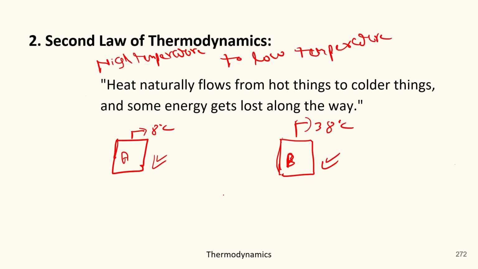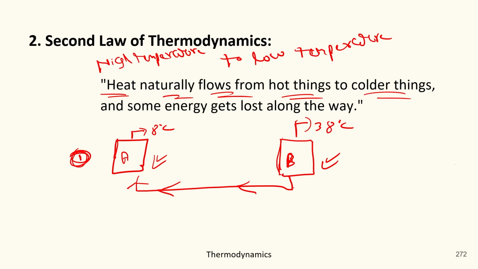Okay. So similarly, the flow will be from higher to low. So it was an example for the first statement, like heat naturally flows from hot things to colder things.